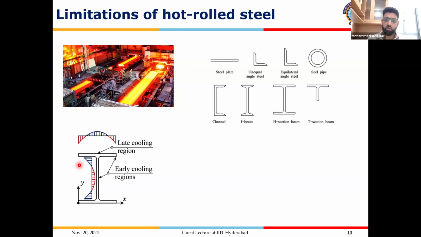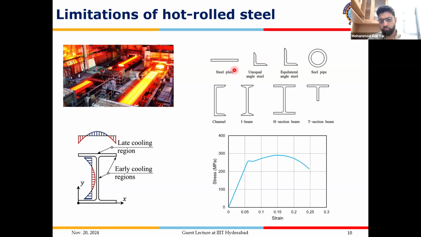Next, we have limited cross-section profiles available. So if I take an example, an angle section that I need is available to me, but if I need a section lower than that, because it's not available, I will not be able to use a lower cross-section, which results in wasteful use of steel as a material that has limited resources, and we have to be very mindful about our future generations.